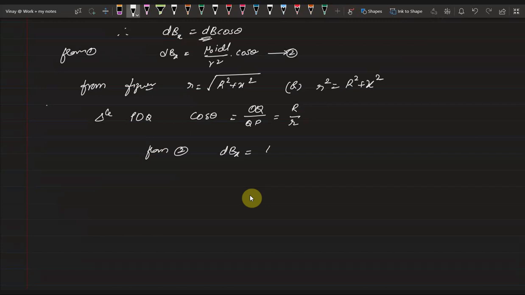dBx is equal to mu naught I dl by r square into cos theta, which is capital R by small r. That can be taken as mu naught I dl R by r cube.